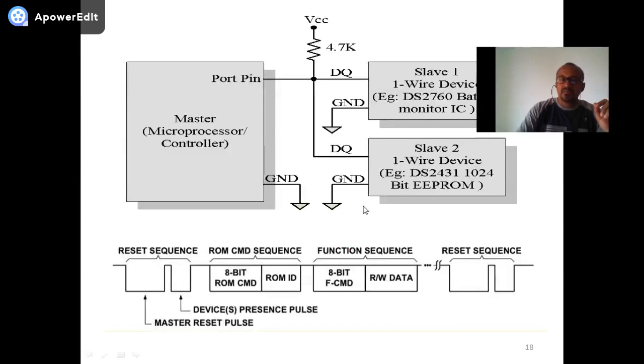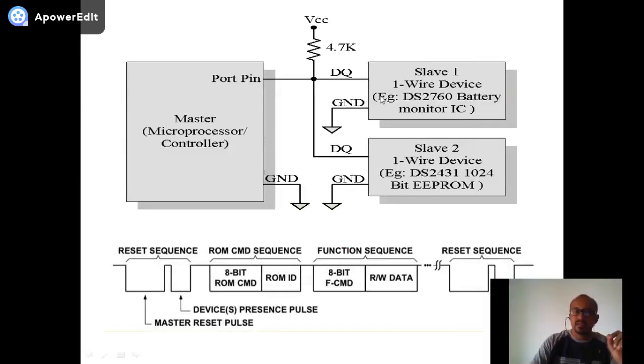If it is a single slave device, then it does not need any address; it is directly connected to DQ. But if multiple slaves are there, each slave is given a 64-bit address. Before sending the data, first the master will send the reset pulses so that the slave devices get ready for communication.